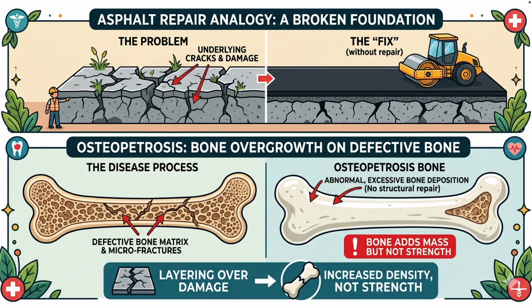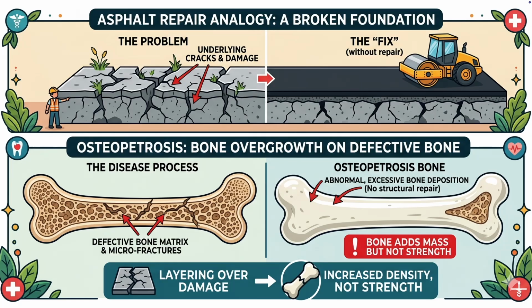But your osteoblasts are still functioning normally, so they're coming in and just adding more layers of new bone. So you have thicker bone, so you're adding mass, but there's not good structural integrity to the bone. So you have increased bone mass or density, but not strength.